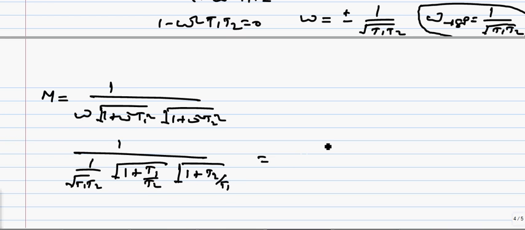If you rewrite this equation, we'll have t1 t2 over t1 plus t2. We'll get this equation.